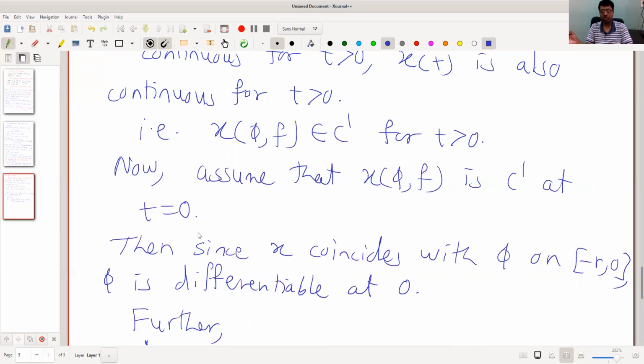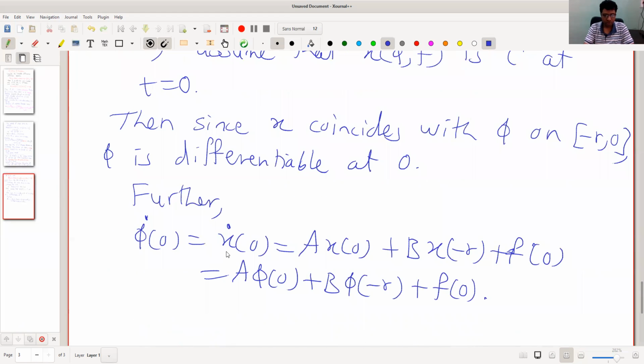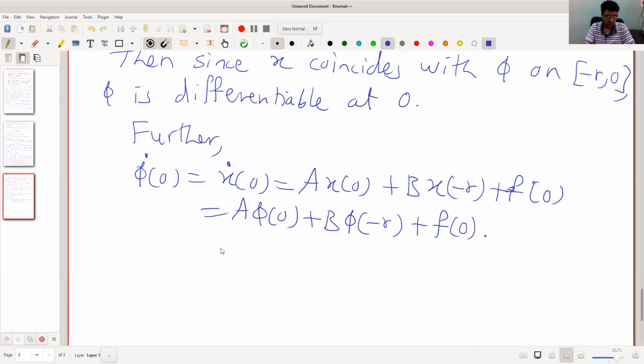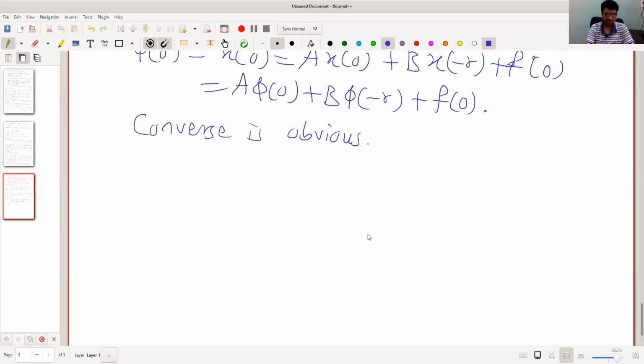Okay, because in that case we will take the right hand side derivative, and it will match with phi dot of 0. Okay, so the limit as t tends to 0 of x dot of t is phi dot of 0. So the converse is similar, or we can say that the converse is obvious. This proves the result.